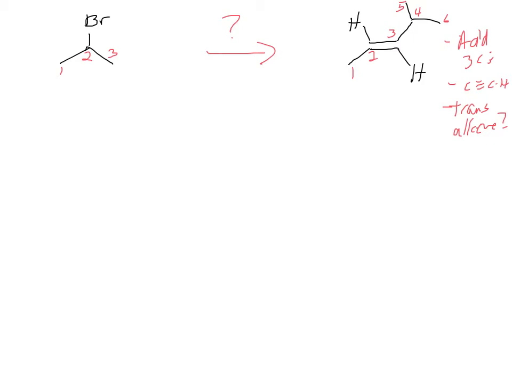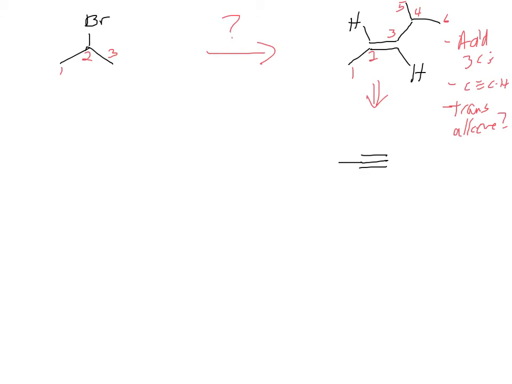All right, so let's look one step back. One step back, this is a trans alkene. What starting material can make a trans alkene? An alkyne.